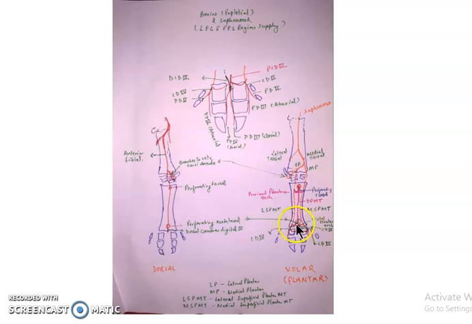Now this distal plantar arch will give rise to plantar common digital third. This is the plantar common digital third. Now in the dorsal aspect, there is dorsal common digital third, and in the plantar aspect, there is plantar common digital third.